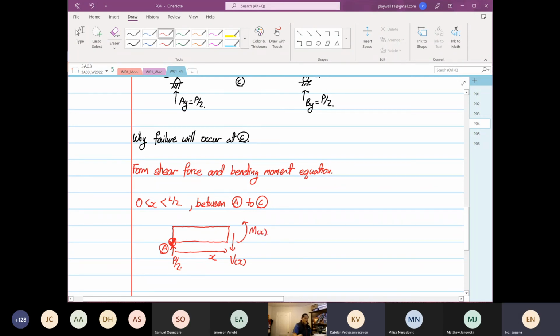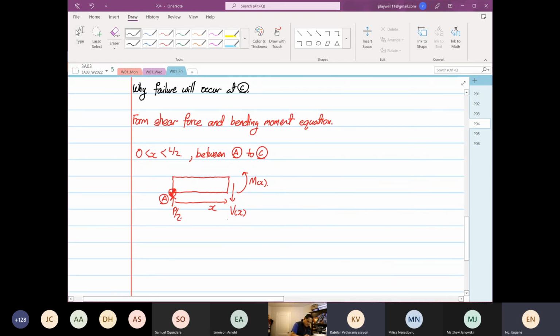Now, any idea why this direction? Anyone? Why is Vx coming down and Mx going anti-clockwise? Can you remember? I hear no answer. I'm worried now.